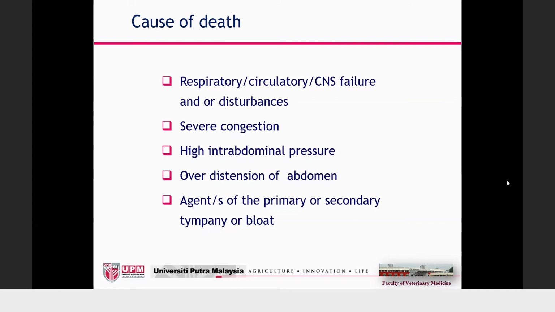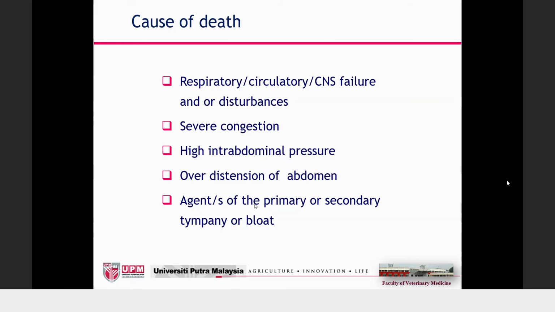And that over-distension of the abdomen is because of accumulation of either frothy or normal gas as a result of legumes, if it is primary bloat, or as a result of foreign material, which is what we call secondary tamponade. Can you follow me?